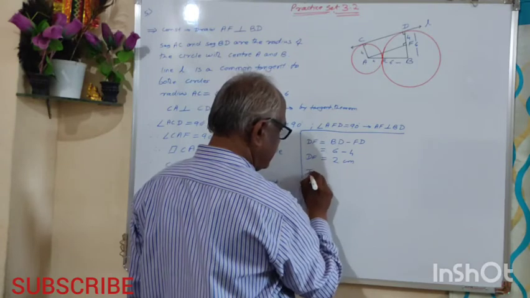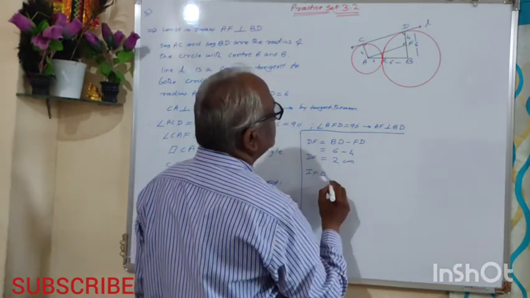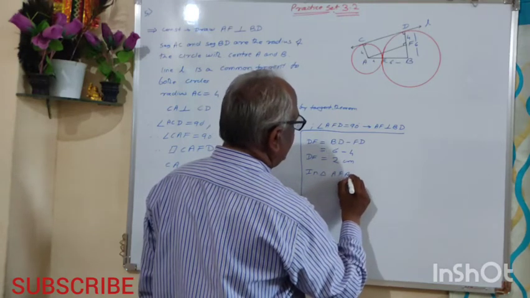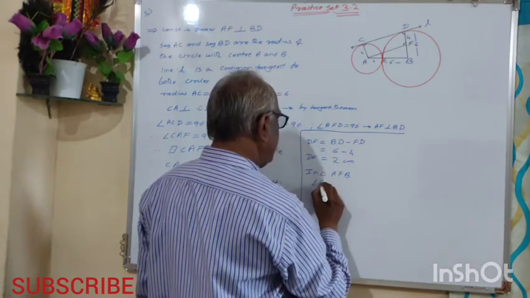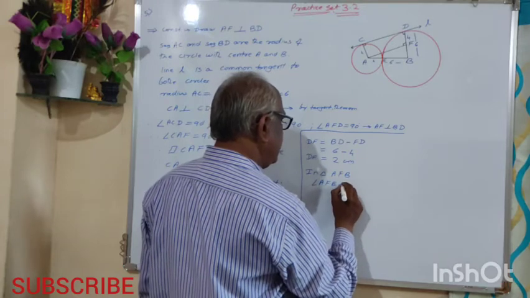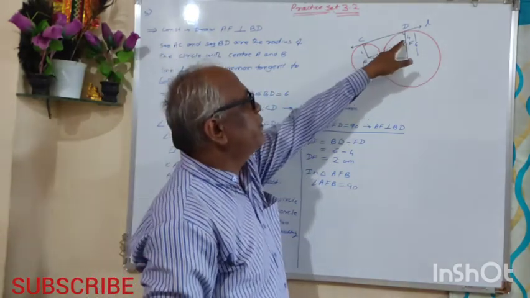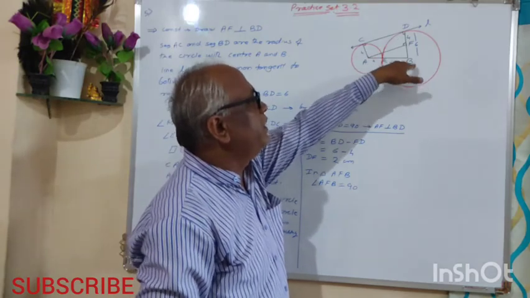Now in triangle AFB, angle AFD is equal to 90 degree, as here AF is perpendicular to BF.